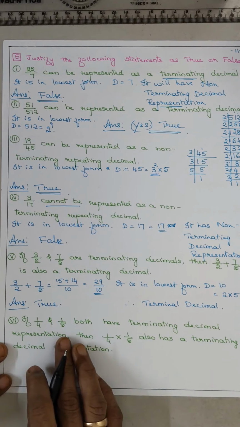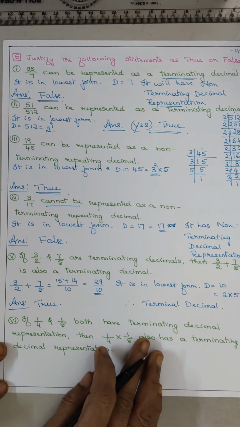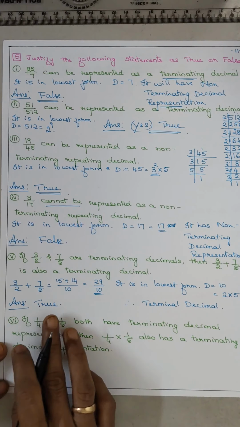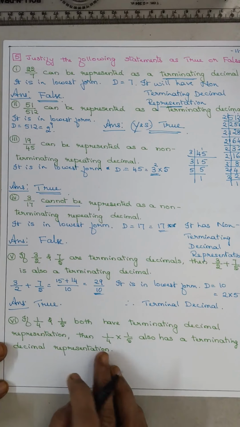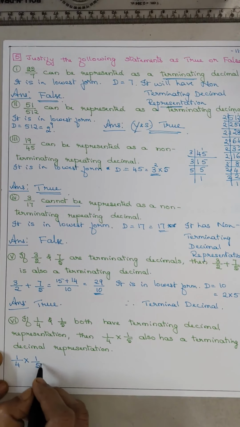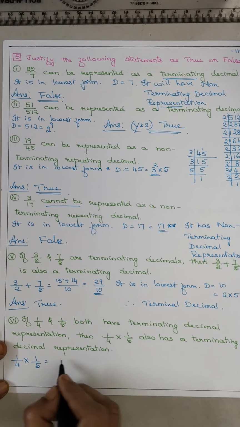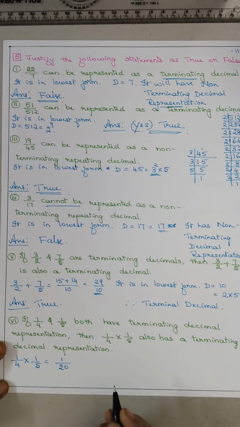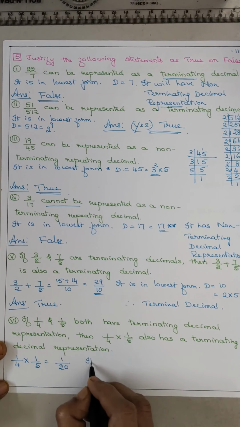Now 1 by 4 and 1 by 5 have terminating decimals, because 4 is 2 2s. Then 1 by 4 into 1 by 5, when you multiply, how much? 4 5s are 20, and it is in the lowest form.